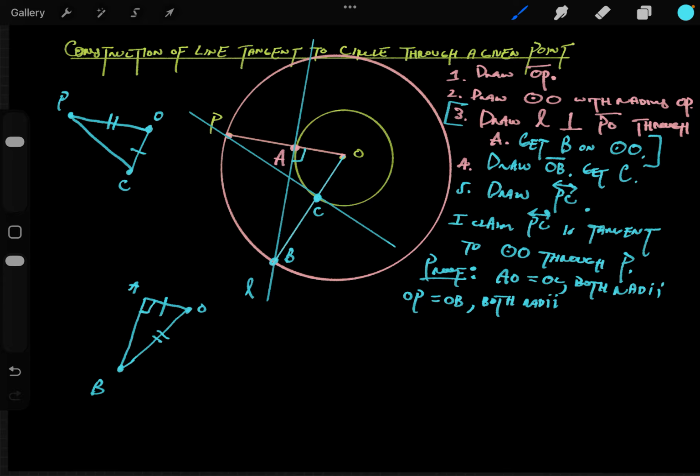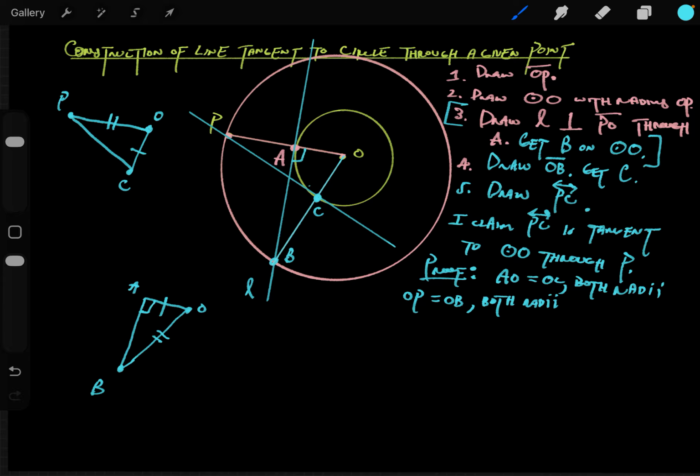And then I also know, okay, so now how do I show that this is 90 degrees? No, that's what I need to end with. So I've got that this is a right angle, but do I know that POC is a right triangle?